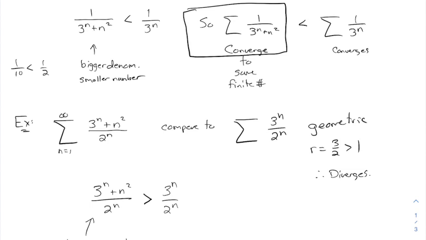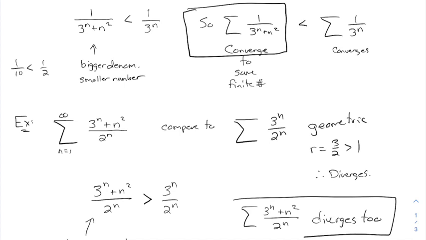So what that tells us is this sum over here grows to infinity. And this sum over here is made up of adding up bigger numbers. So therefore, this one that we're given, 3 to the n plus n squared over 2 to the n, has to diverge as well by comparison with this guy, which is a known divergent series.